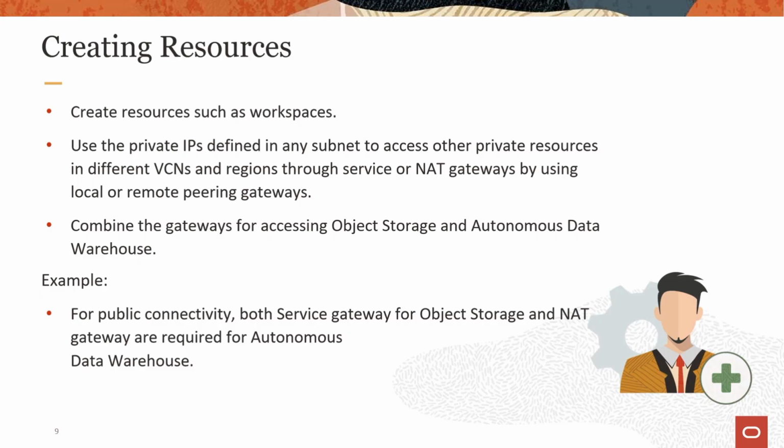Then, combine the gateways for accessing object storage and autonomous data warehouse. For example, you will need both service gateway for object storage and NAT gateway to establish public connectivity for autonomous data warehouse.